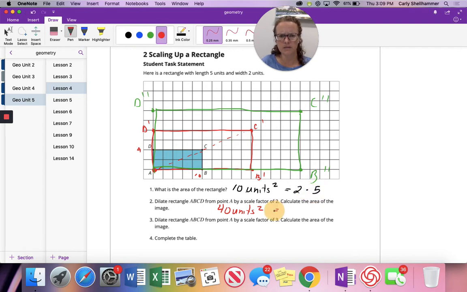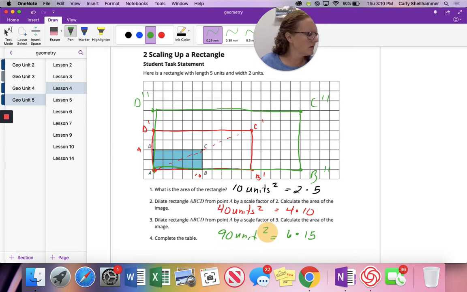And this one's going to be length times width. And then we did green. I've got length, 2, 4, 6, times width, 5, 10, 15. And that's going to give us 30, 90. Right? 6 times 15, yep.